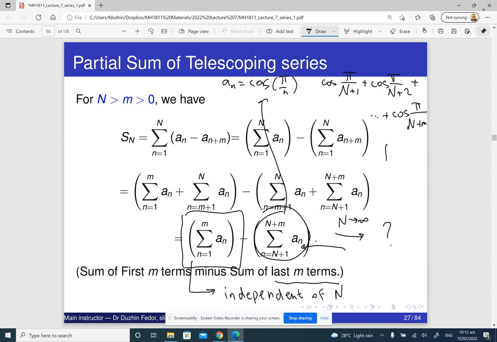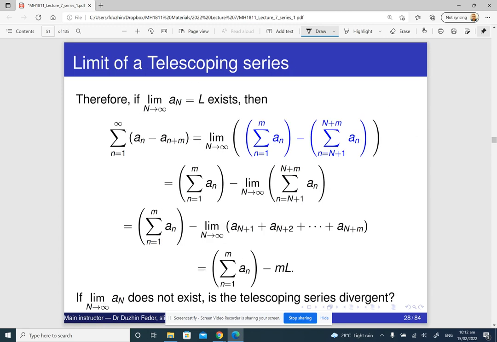But then if you take the limit as n goes to infinity, of course all of them are going to approach the same number, which is just the limit of cosine of pi over n, because all these sequences are essentially cosine of pi over n, just shifted by a few positions. Okay, so that's the idea.